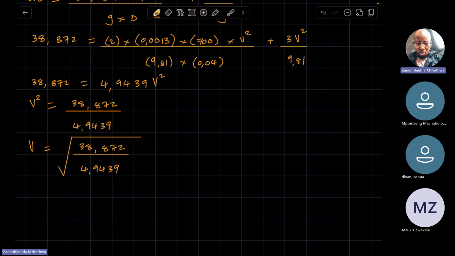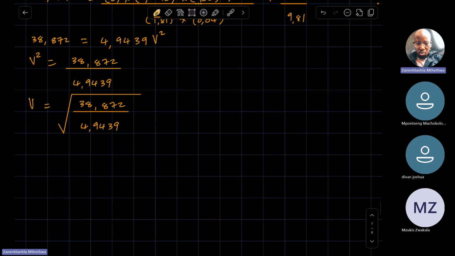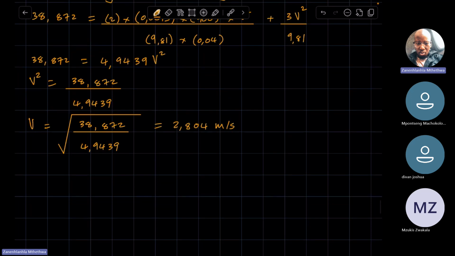And then this should give us a V. So the square root of 38,872 divided by 4,9439. I am getting here 2,804 meters per second. Are we getting the same thing?